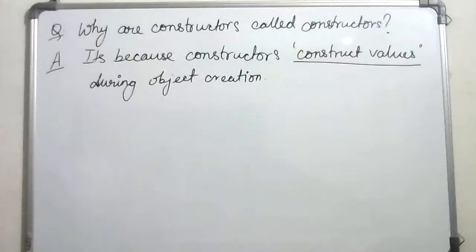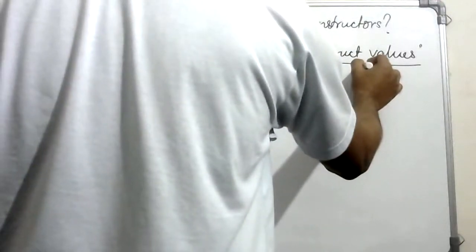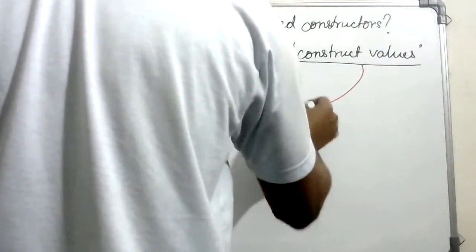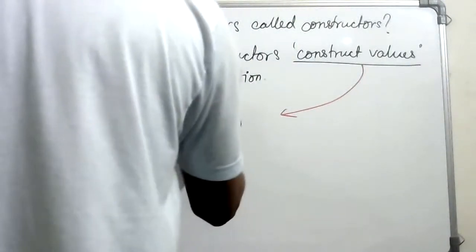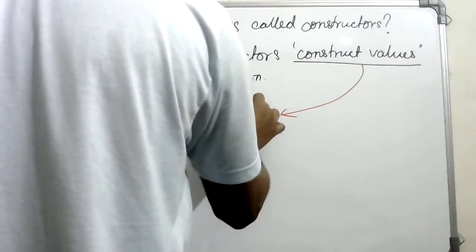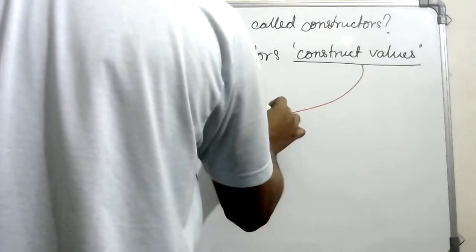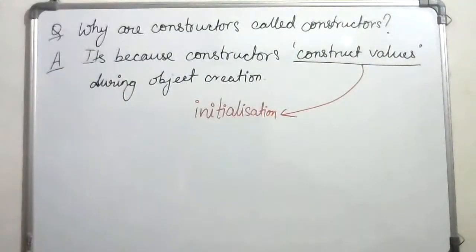Now, what do you mean by construct values? This particular set of words, construct values, means nothing but initialization. So it basically refers to the work of the constructor. So what does a constructor do?